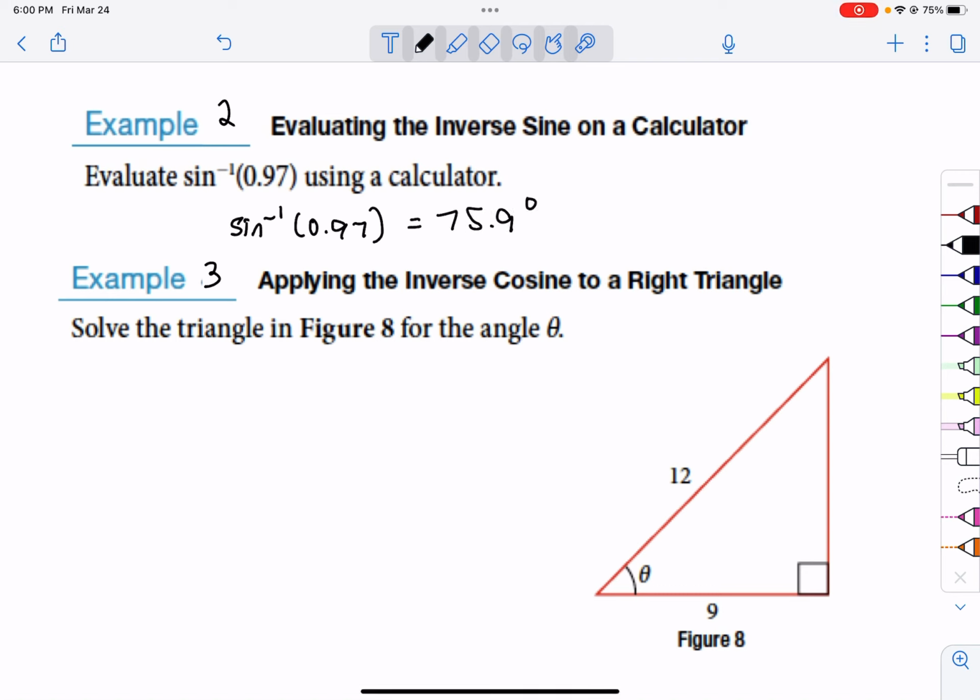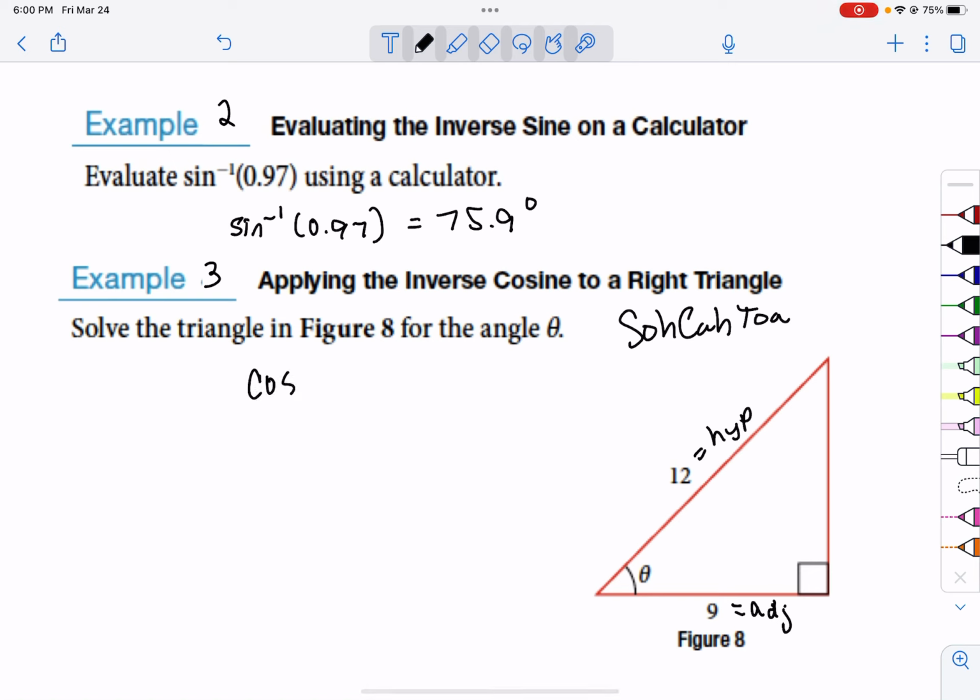Okay. Now, in example 3, for the first time we are missing an angle that's on the inside. Well, what do we know? In relationship to where that angle is sitting, this is our adjacent, and this is our hypotenuse. And if we use SOHCAHTOA, adjacent and hypotenuse is a cosine.